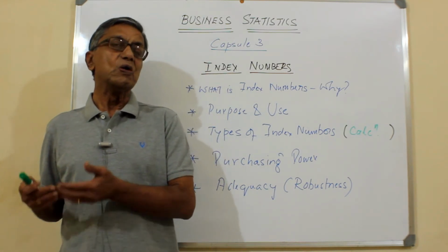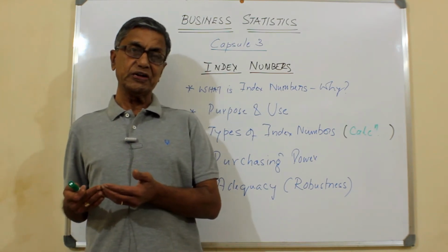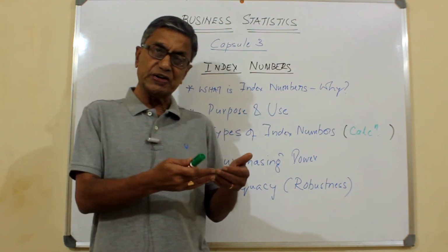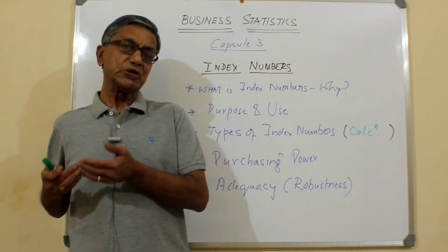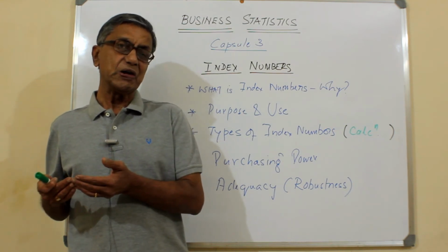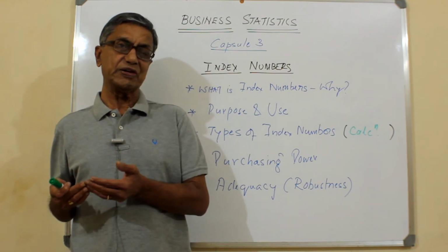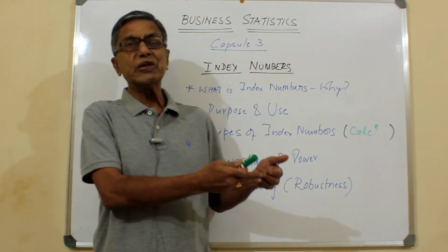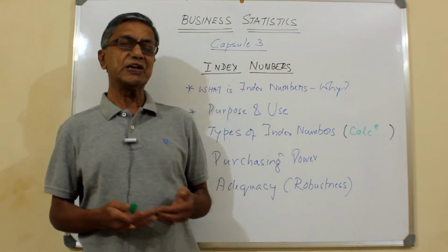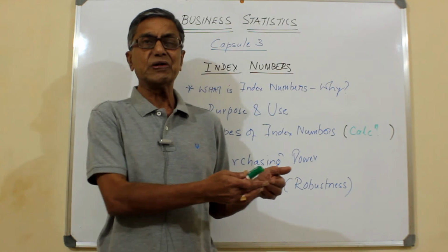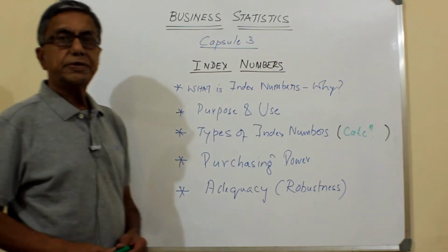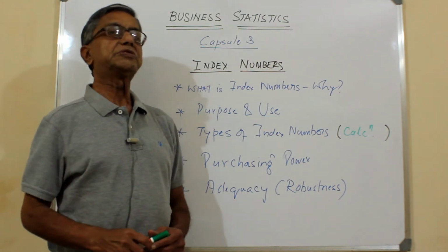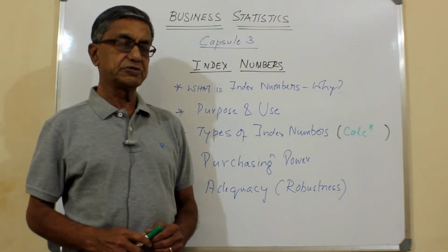For example, what is the inflation rate in 2010 and what is the inflation rate in 2011, so on and so forth. So you treat 2010 as a base period, or start with 100, whatever be the inflation rate, and you compute the current period index, and that is what is called the index number of the current period with reference to a base period.